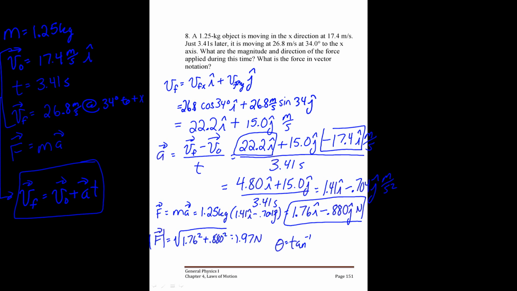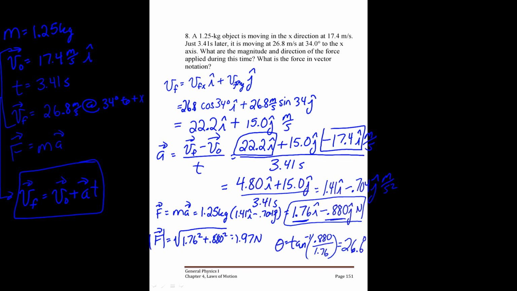That's 0.880 over 1.76. Remember, that's the y component, and that's the x component. That gives me my angle theta, which is 26.6 degrees.